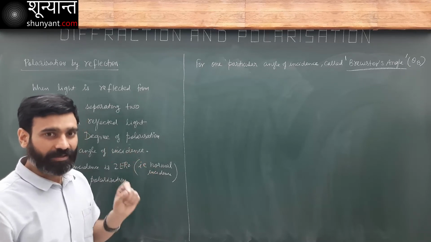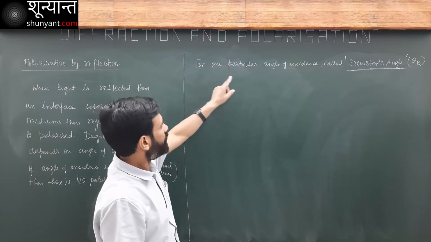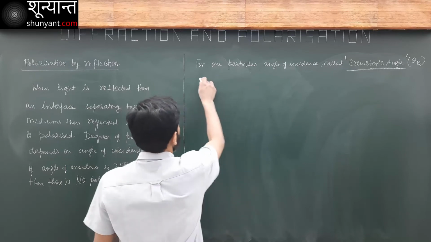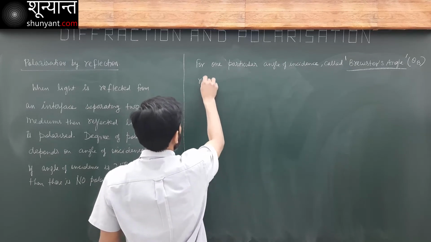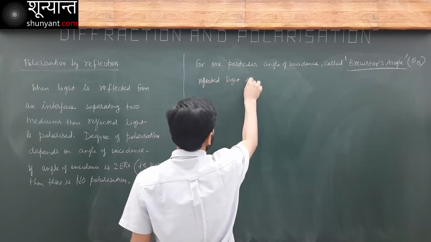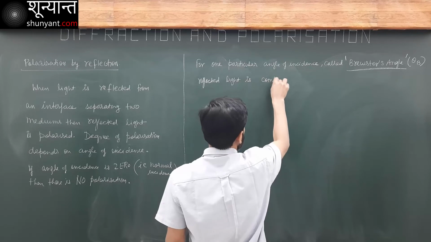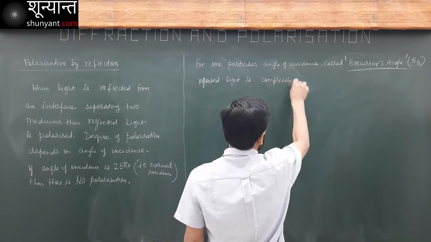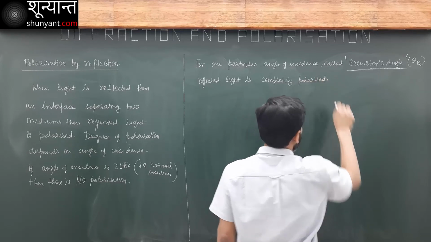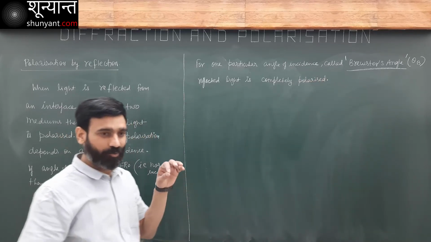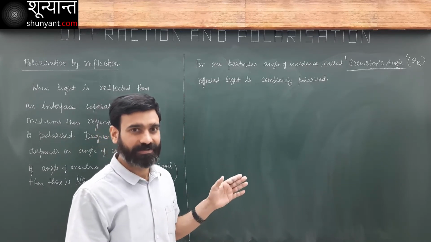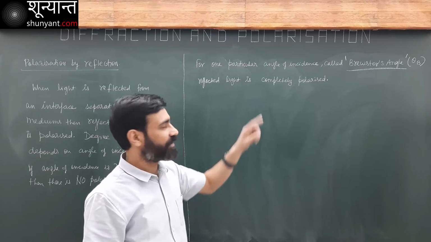For one particular angle of incidence, which is known as Brewster's angle, the reflected light is completely polarized. Completely polarized. So the angle of incidence for which the reflected light is completely, totally polarized, that angle is known as Brewster's angle.